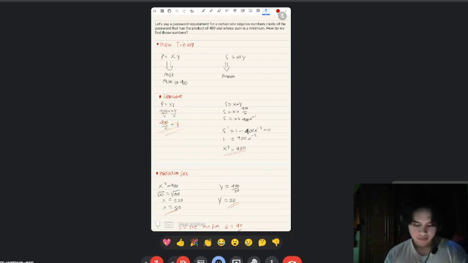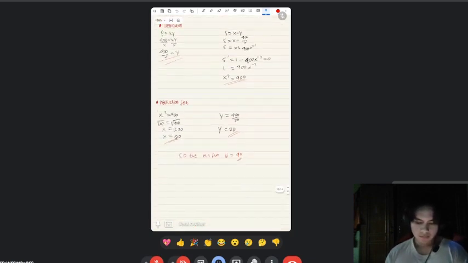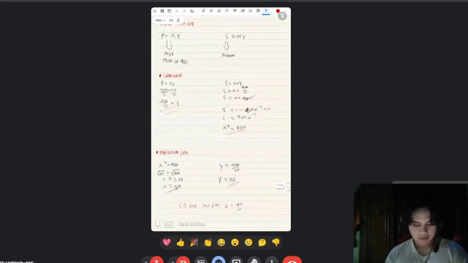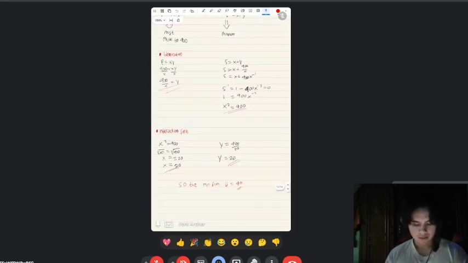From then on, we can get x by inputting the value of y in the sum formula. So S equals x plus y, and we'll get that x squared equals 400. From this, we can easily get x and y.